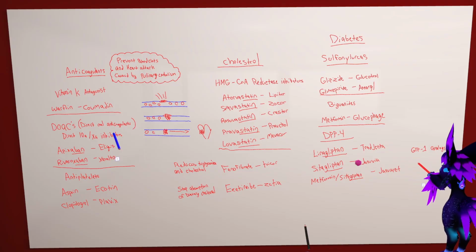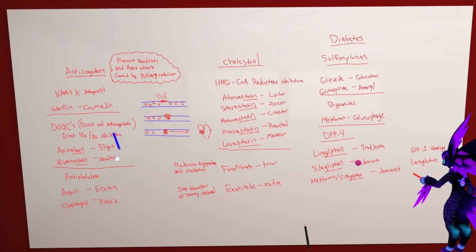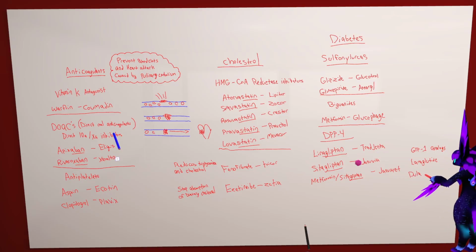The two most popular ones are liraglutide and dulaglutide. In this very little space that I have, dulaglutide is known as Trulicity, and liraglutide is known as Victoza.